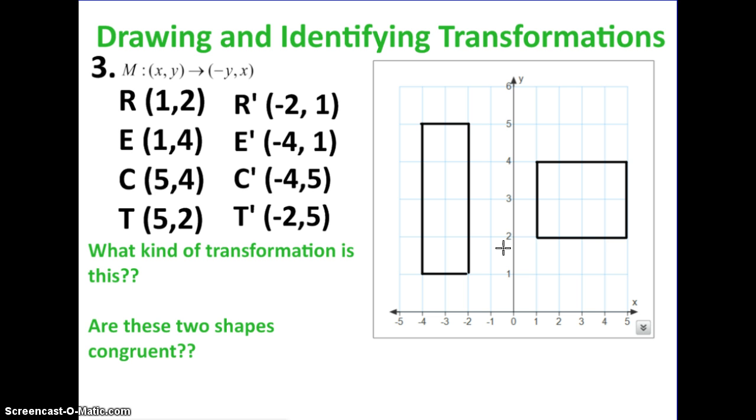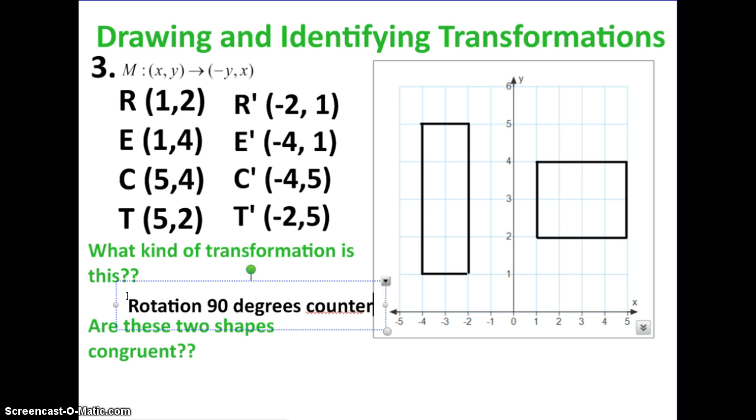Now, the question: are these two rectangles congruent? Okay, before we answer that question though, the question is what kind of transformation is this? And this would actually be a rotation of 90 degrees counterclockwise. Alright?